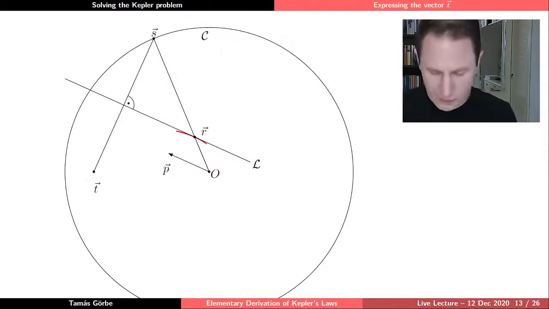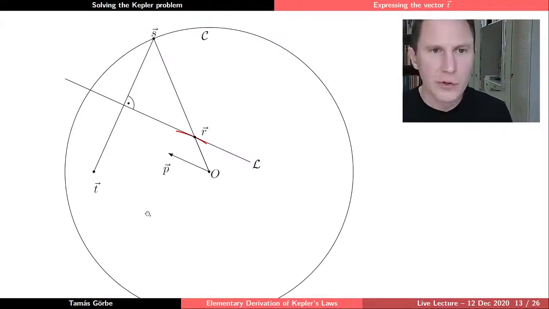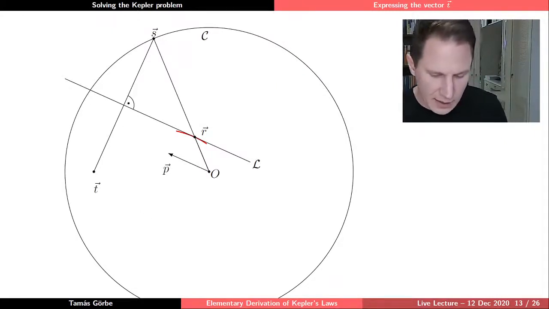Let's try to express this vector little t using the quantities that we already know, the total energy, the angular momentum, and things like that.